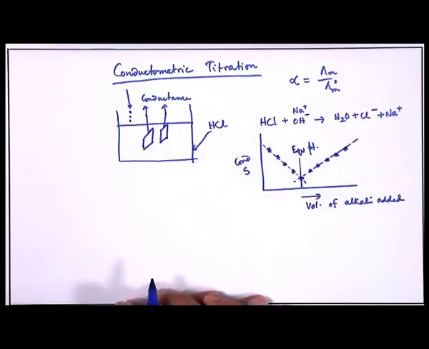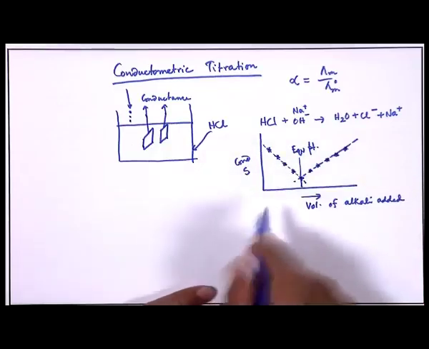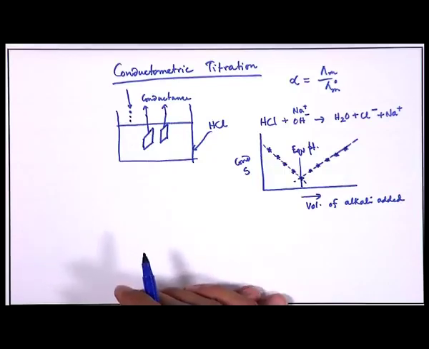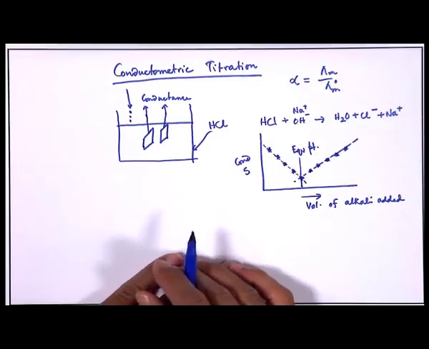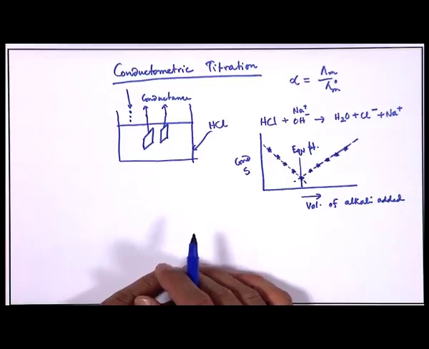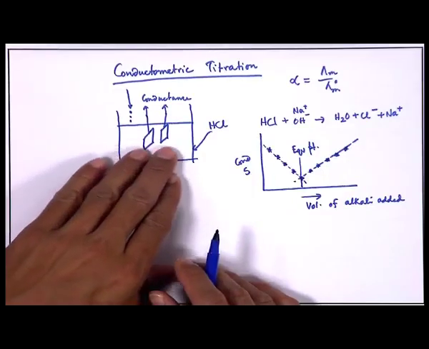So, what is exactly happening over here? But for your information, one thing you should always keep in mind is that in conductometric titration, the titer that you add from outside using a burette should be more concentrated, at least maybe 10 times more concentrated than what you take over here.